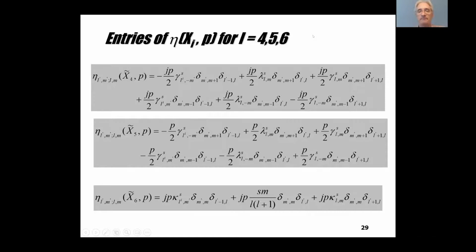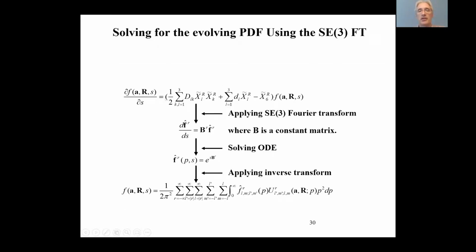Now, the procedure goes then like this. We start with our diffusion equation. We apply the group Fourier transform to it. That converts it to a system of linear ordinary differential equations with constant coefficients in Fourier space. And the solution to that is the matrix exponential.